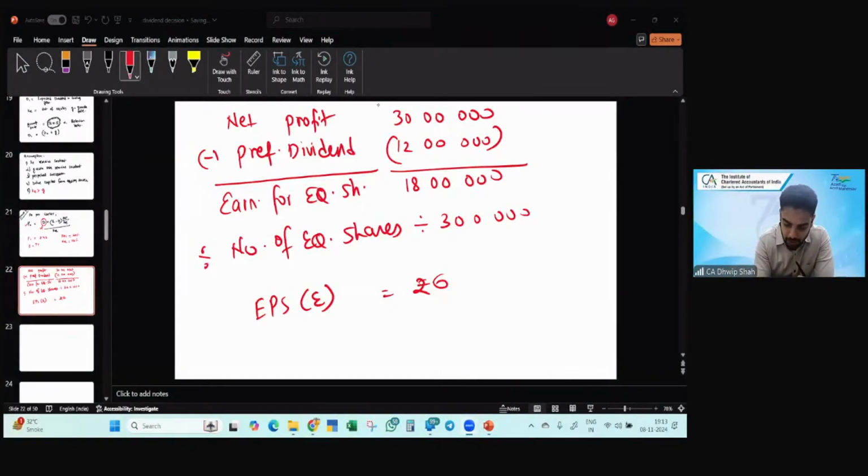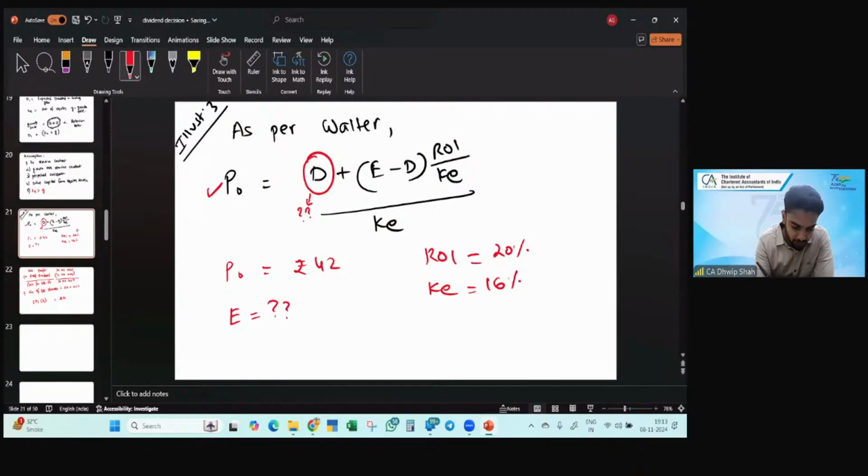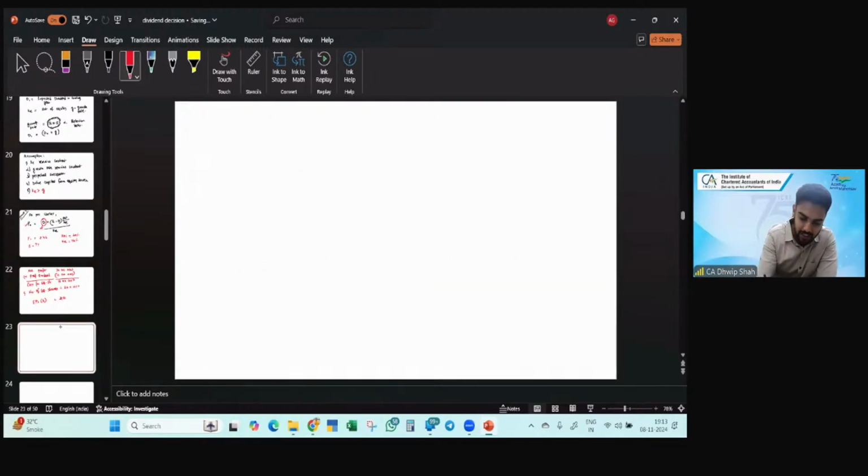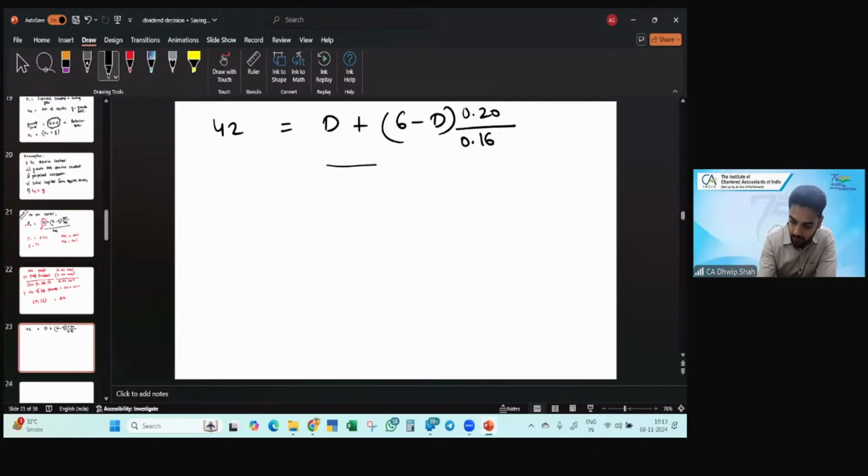So just substituting all the values in this formula, we can easily calculate dividend. D, earnings is 6. We don't know the value of dividend. ROI is 0.2. KE is 0.16. The whole divided by 0.16.